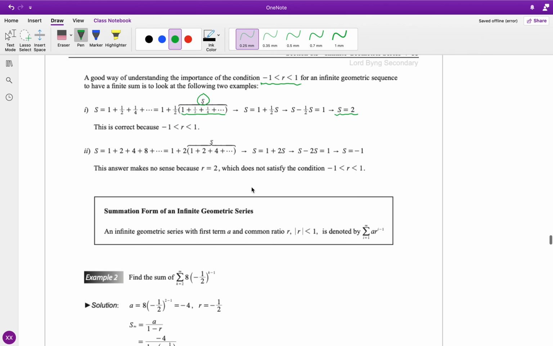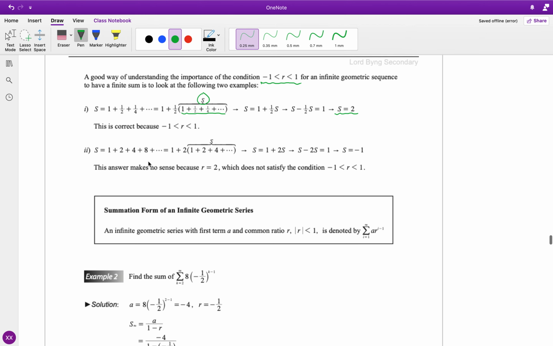But with this one, if you do the same manipulation, you leave the first term out and you factor out the 2 from the remaining terms, and you got the same as S. But in the very end, the sum becomes -1. That doesn't make any sense whatsoever.